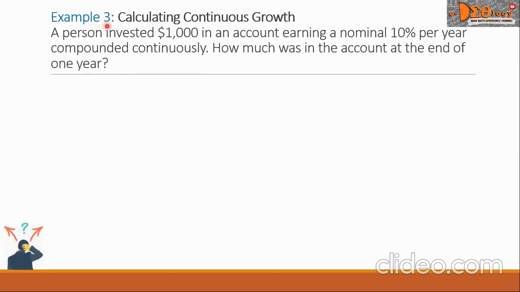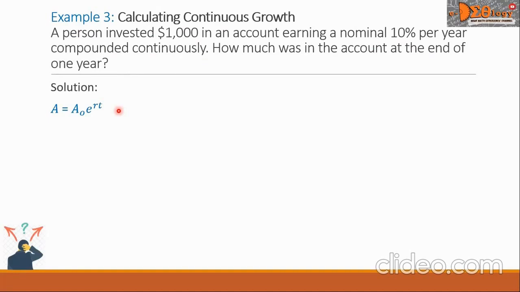Let us see this example 3, and this is calculating continuous growth. A person invested $1,000 in an account earning a nominal 10% per year compounded continuously. How much was in the account at the end of 1 year? Let us write our formula.